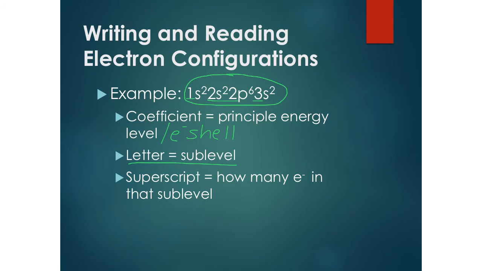So first electron shell, S sublevel, contains 2 electrons. The superscript tells us how many electrons are in that sublevel. So we have 2, 4, 10, 12. We have 12 electrons. So if this is an atom, this would be magnesium.